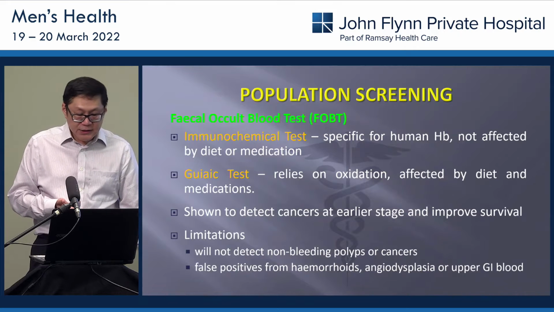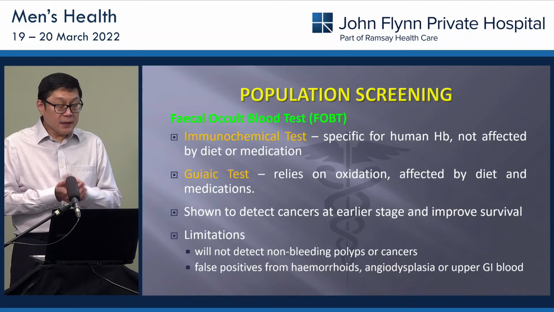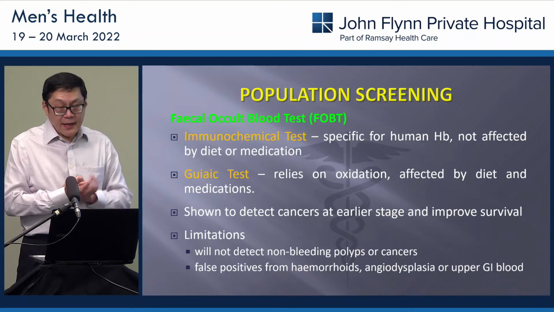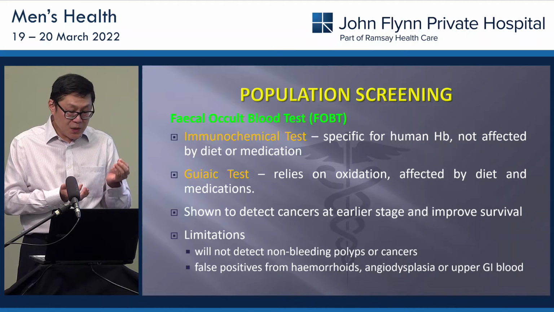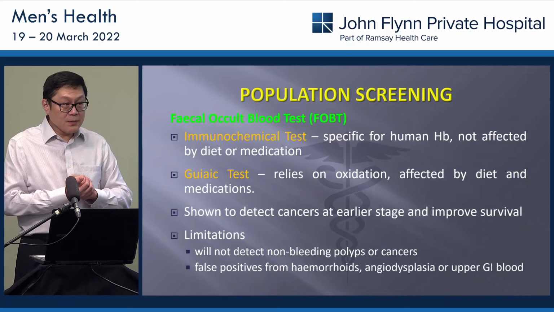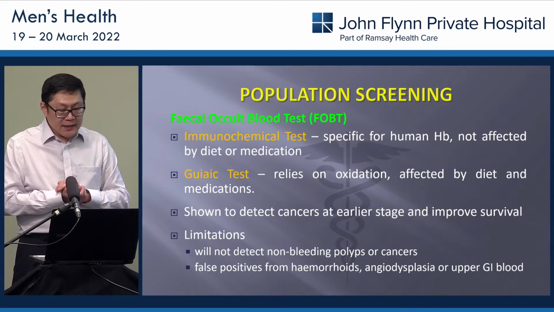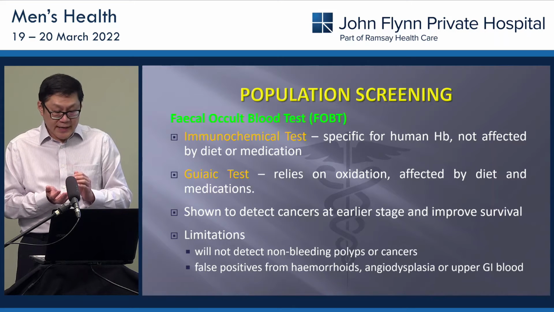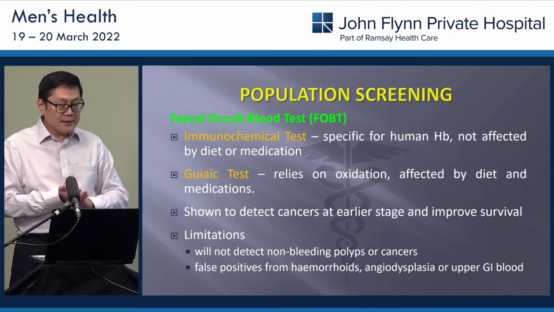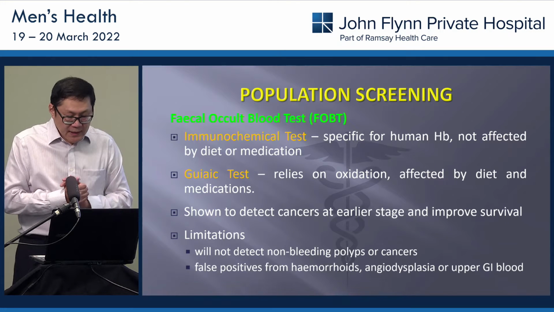Touching on population screening, most GPs nowadays would be familiar with fecal occult blood testing. The one that's currently in use is the immunochemical test. This is very specific for human hemoglobin and is not affected by diet or medication. Historically, there was another test called the Guaiac test, and this relies on oxidation and is affected by diet, medication, and non-human hemoglobin.